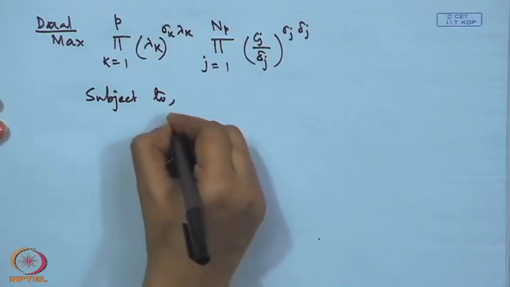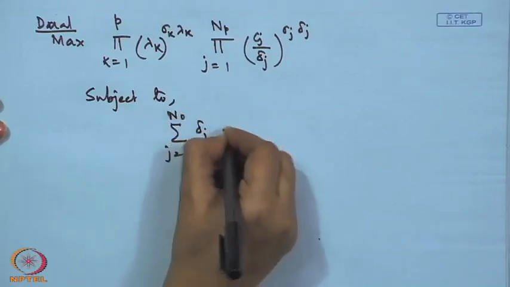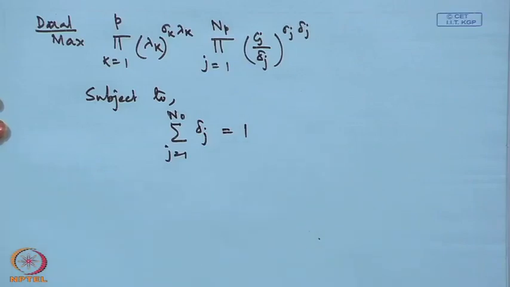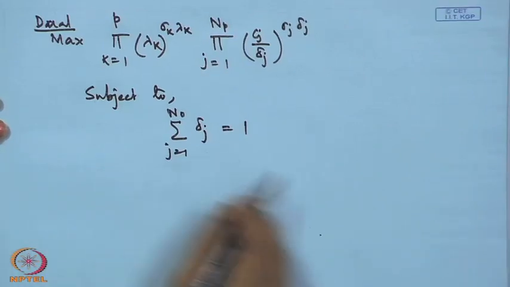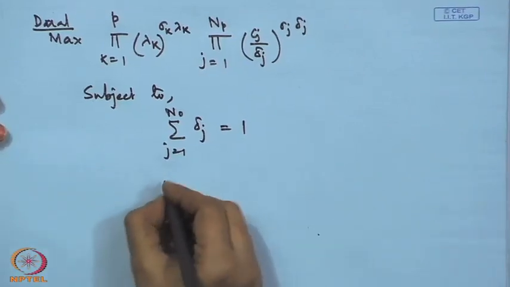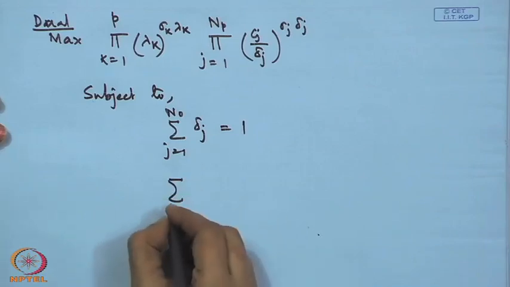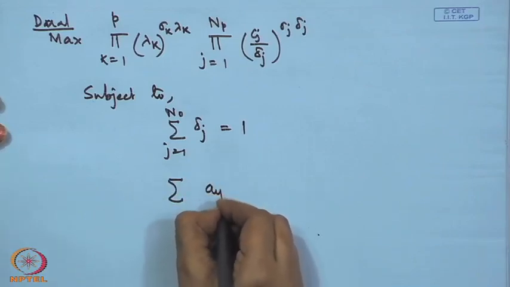the sum for j equal to 1 to n naught of delta j equal to 1, that is the normality condition coming from the set of deltas obtained from the objective function, and from the constraints we have taken aij delta j.